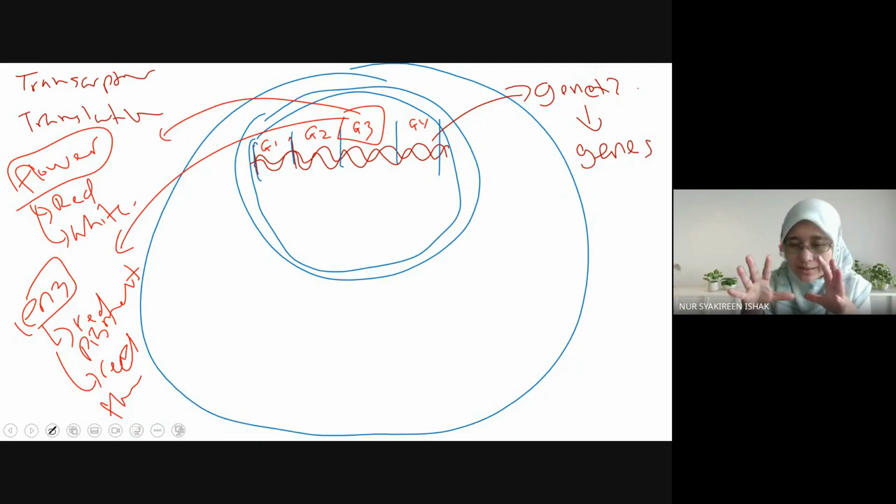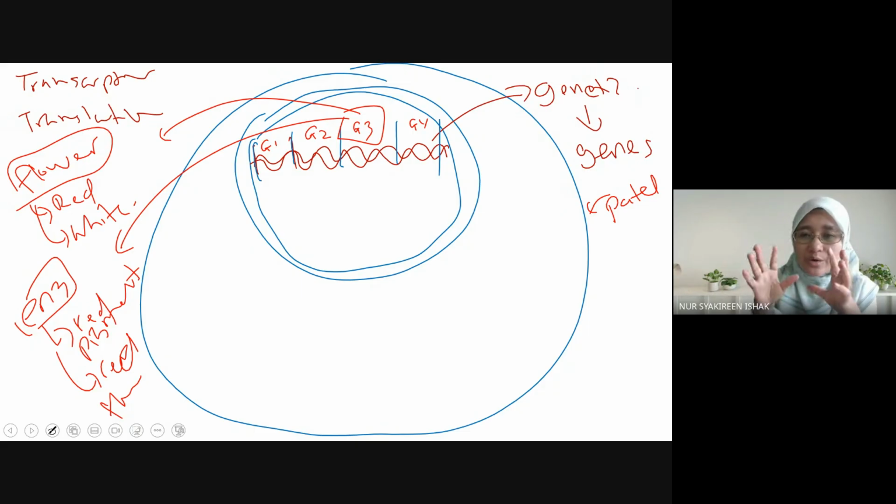So imagine this is the cell in the flower petal. Only gene 3 will be activated, and only the information within gene 3 is required to produce this enzyme.